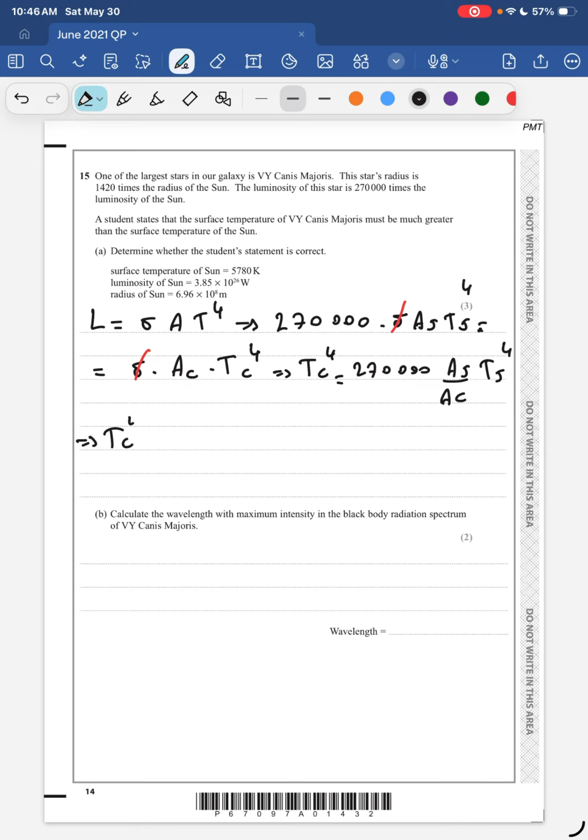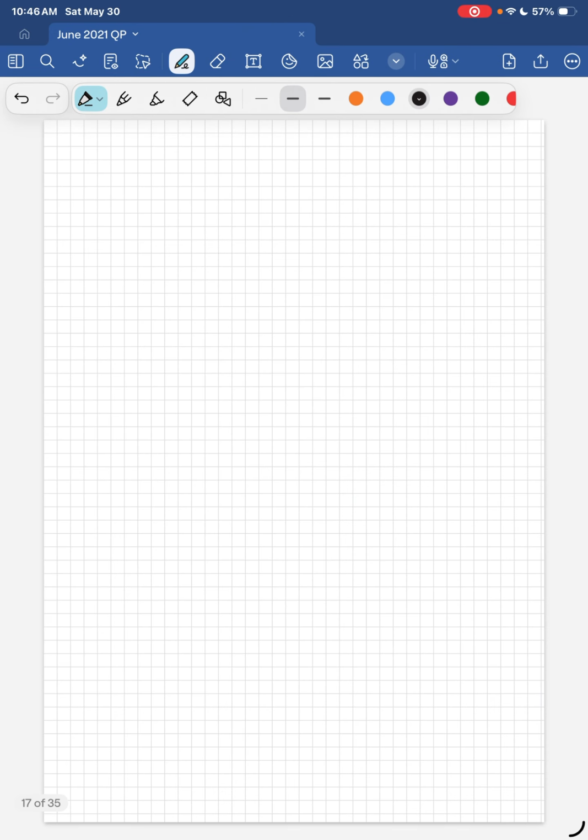So that is 270,000 times the surface area of the Sun, which is 4 pi times r of the Sun squared, and for Canis Majoris we have 4 pi r c squared, so 4 pi cancels, times the surface temperature of the Sun to the fourth. But then we are given this relationship for the radius of Canis Majoris. Okay, so I'm going to use a clean page to carry on.